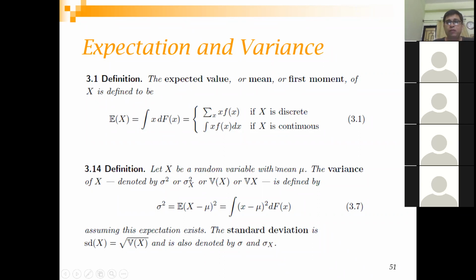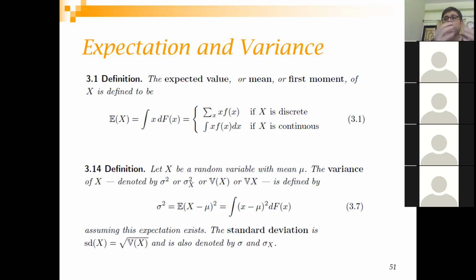Okay, and if you have your random variable with a mean mu, which can be found also by your expectation, then your variance is given as expectation of (x minus mu) squared. Okay, so this we have defined only for continuous, but it turns out to have a value like E of x squared minus (E of x) squared.